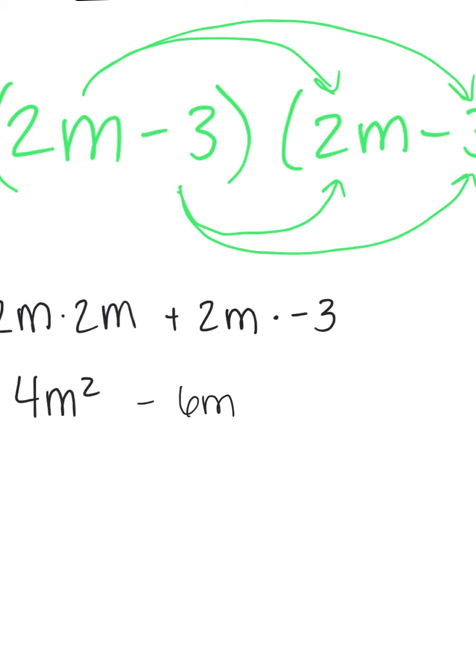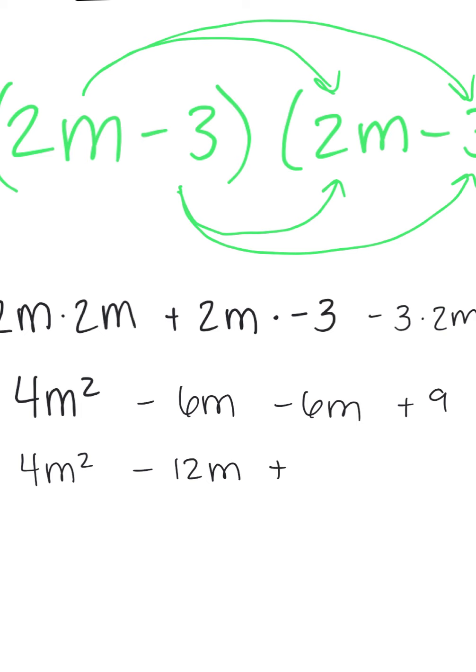And then we've got minus 3 times 2m and minus 3 times negative 3. Anderson, negative 3 times 2m. And negative 3 times negative 3, Giancarlo. Positive 9. So this is 4m squared minus 12m plus 9.